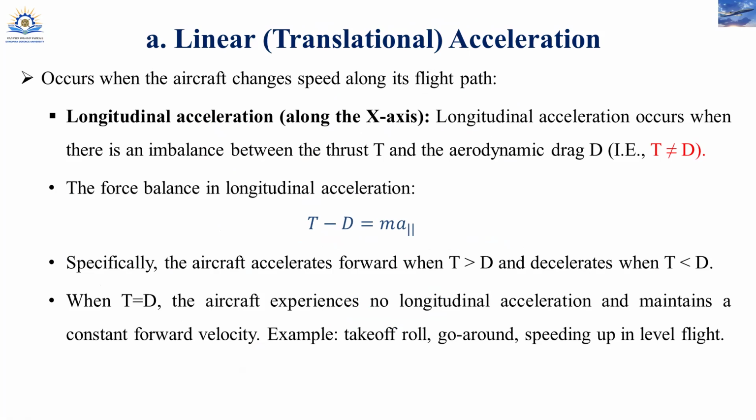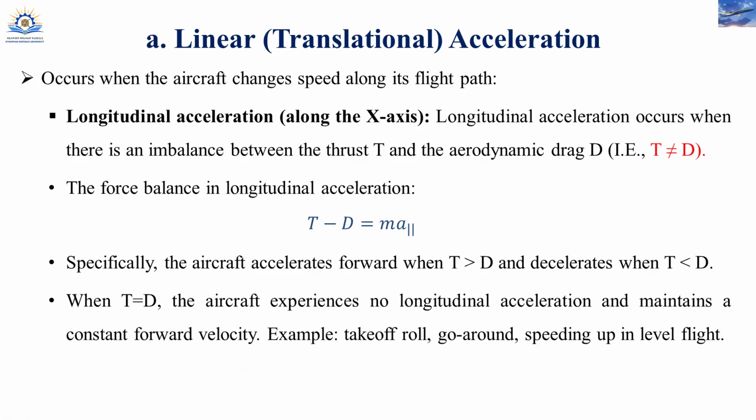And there is the vertical axis, in the Z direction. If the lateral is considered Y and longitudinal is considered X, then the vertical is the Z axis. So the force that acts along the X axis, in the longitudinal direction, produces the longitudinal acceleration.